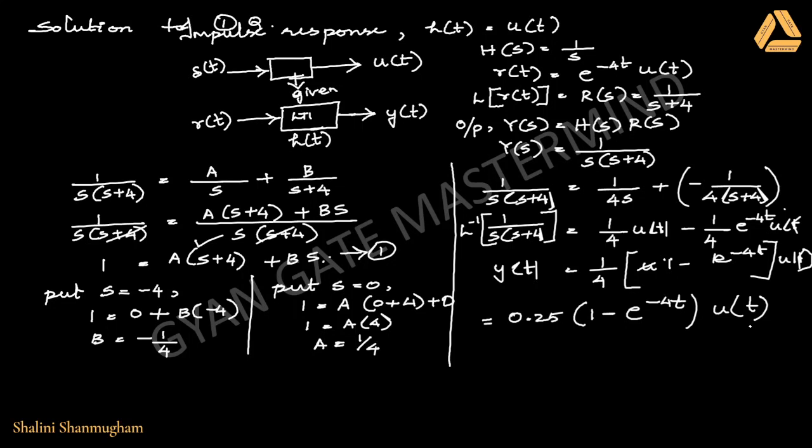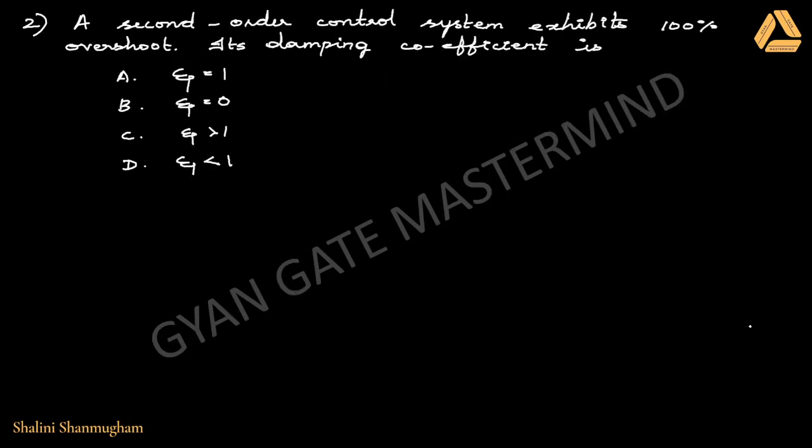So coming to the next problem, a second order control system exhibits 100% overshoot. Its damping coefficient is.